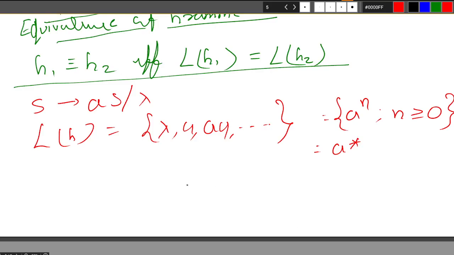While deriving a string with this a star, you will start with S, and then you have two options: you can use AS or lambda. Here also you have two options, AS or lambda, and here also.